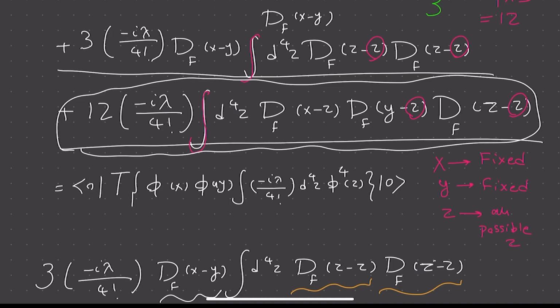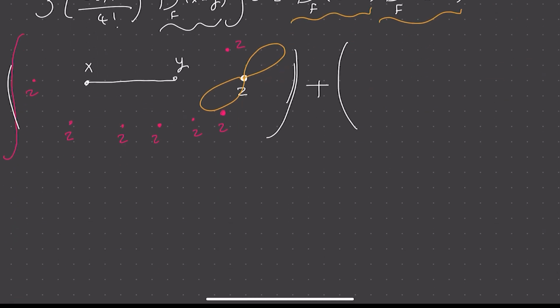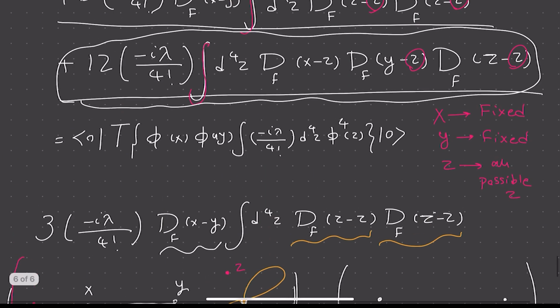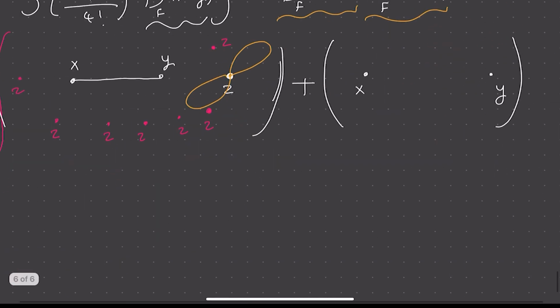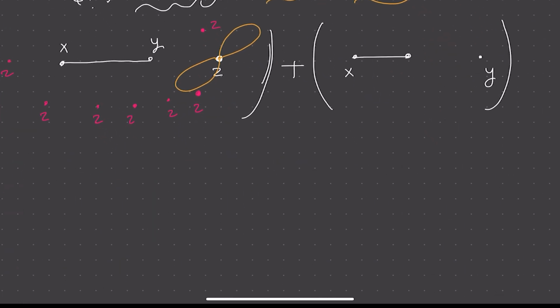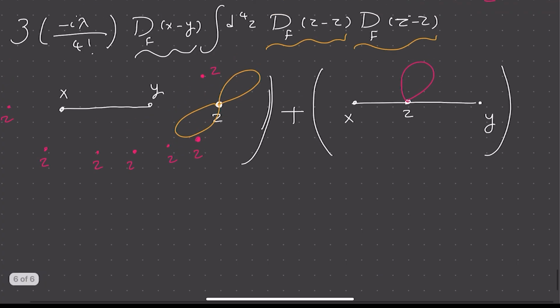So now, what's the meaning of this? You're going to have x here, you're going to have y here. So first you propagate from x to z, and then from y to z, and from z to z. So x to z, y to z, and then z to z. Okay? So these are all different kinematics that this field can have. And I know that might be a little bit confusing for everyone.